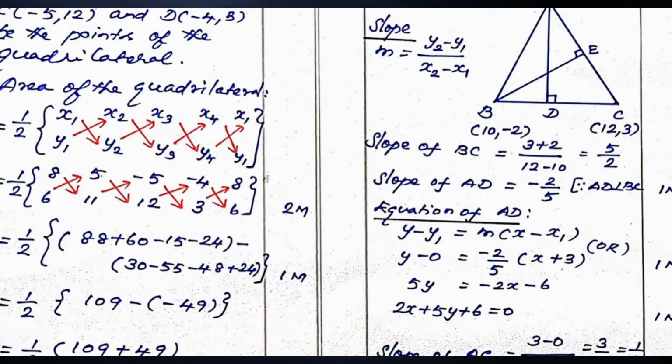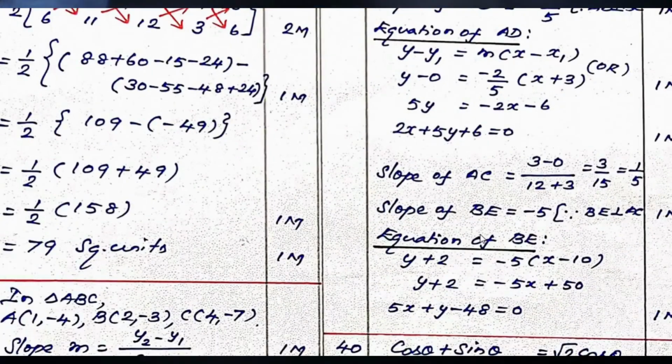Equation number, for this one stage mark. Then the equation of AD with use of the formula y minus y1 is equal to m into x minus x1. Now we substitute these values. x1, y1 we know, and m is known. If we substitute, we get the answer. The equation of AD is 2x plus 5y plus 6 equal to 0, for this stage 1 mark.